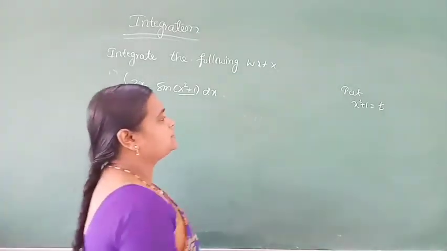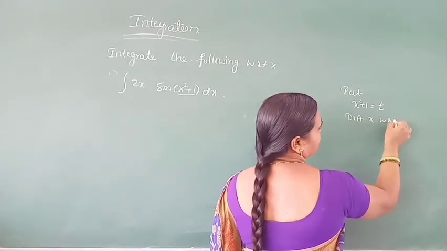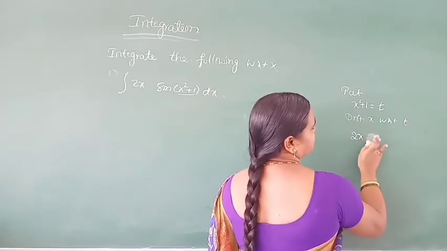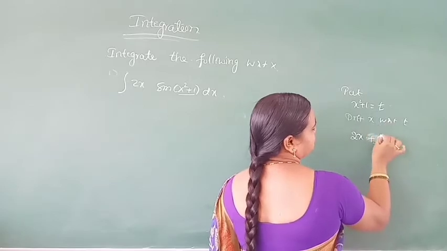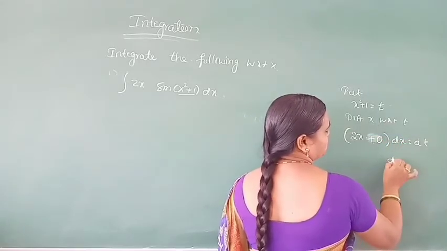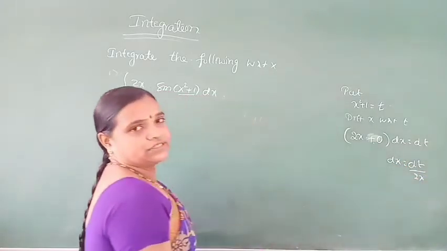Then we are doing the differentiation of x with respect to t. We will get x square differential as 2x dx, plus constant differential is 0, into dx is equal to dt, or dx is equal to dt by 2x.